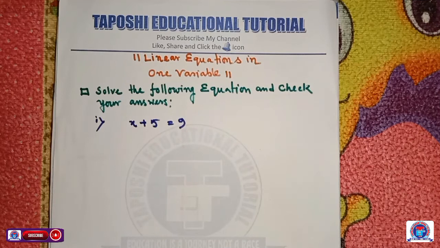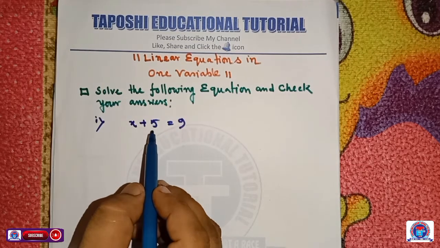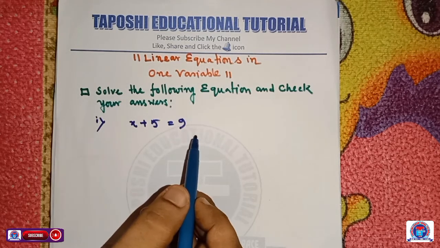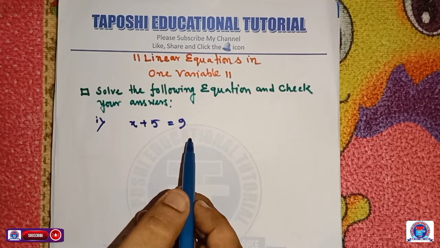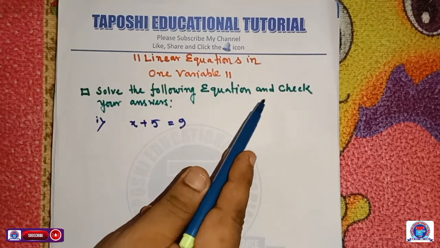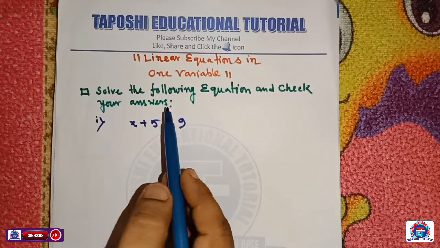In this video, student, I will solve this linear equation, one variable. So how to solve these mathematical problems? Here it says that solve the following equation and check your answer.